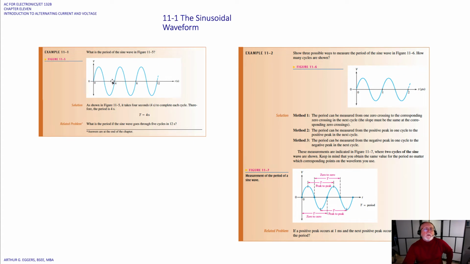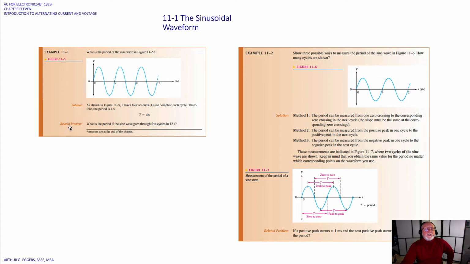So we have 0 to 4, one complete alternation, 4 to 8, another complete alternation, 8 to 12. In this particular illustration, the time that it takes for one complete alternation is 4 seconds. So that is the period of this waveform. Although it occurs over and over again, the fundamental waveform identifies the period.